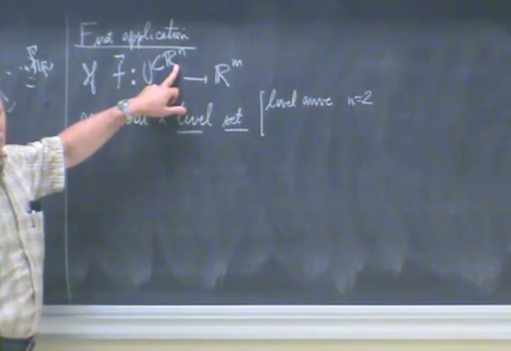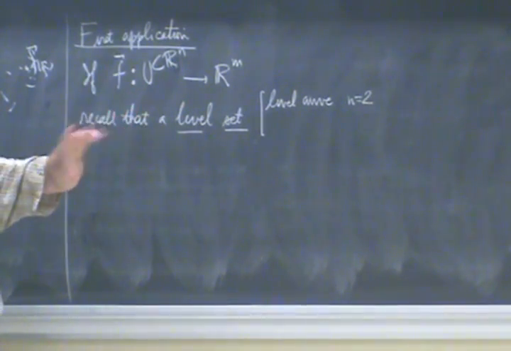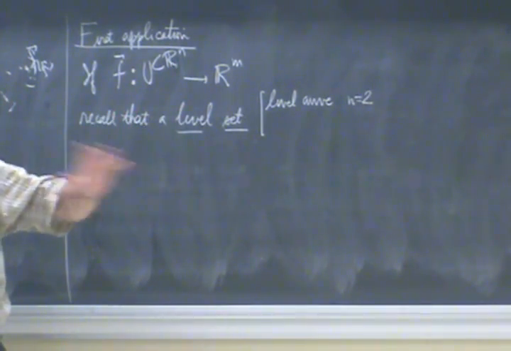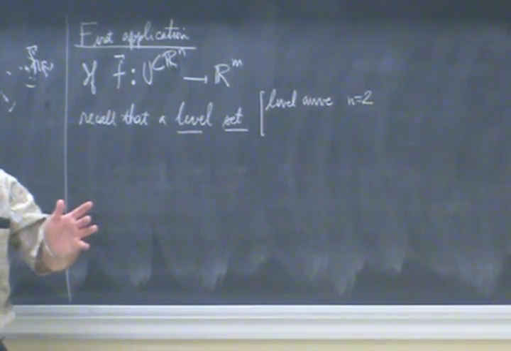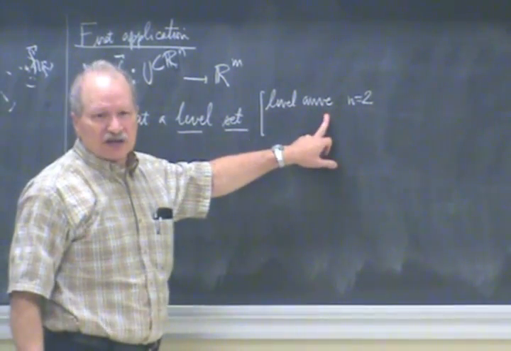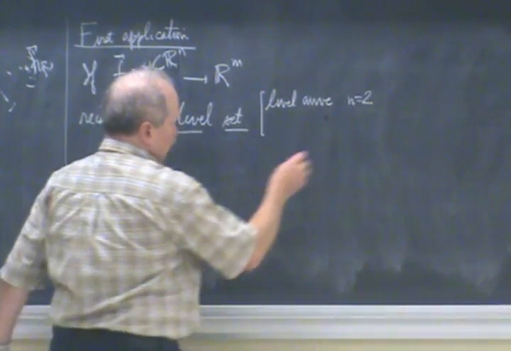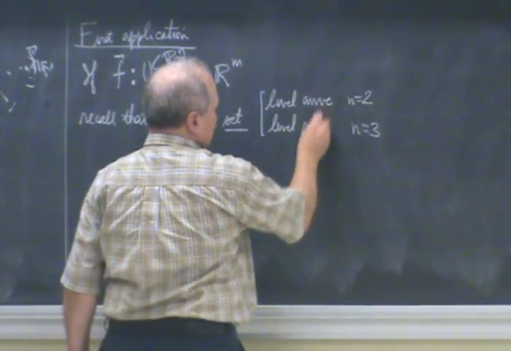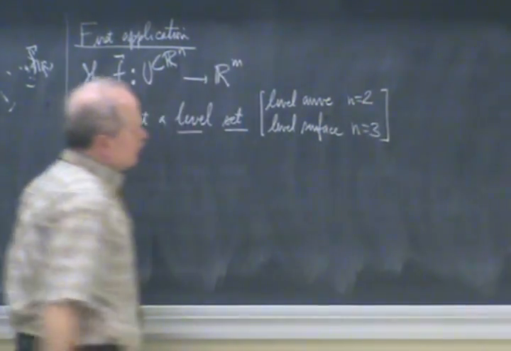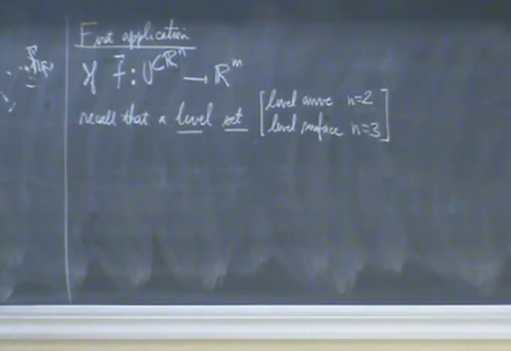So we had the map of the United States, which is a two-dimensional object, and then we looked at where the temperature was constant. We called those level curves. And if we were in 3 space, we called them level what? Surfaces.